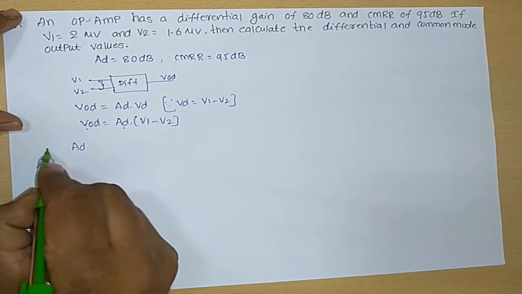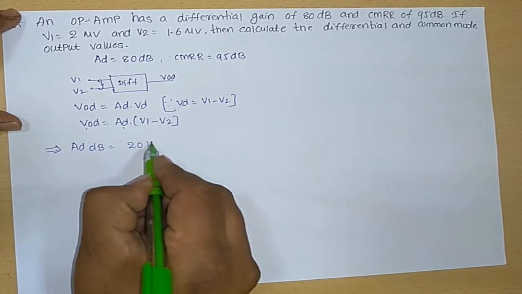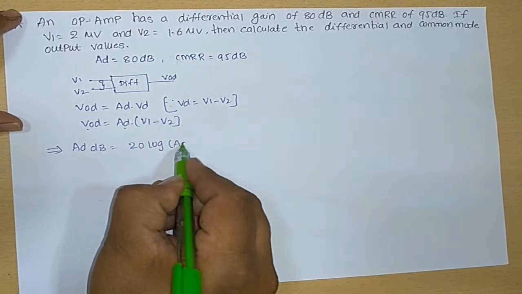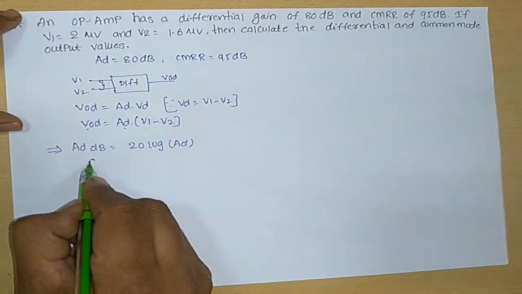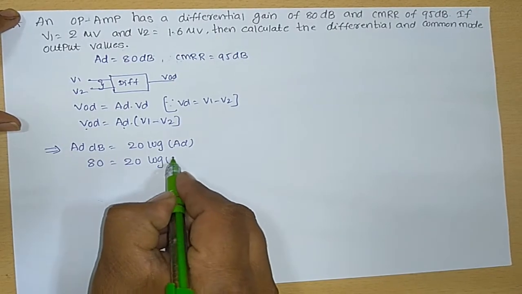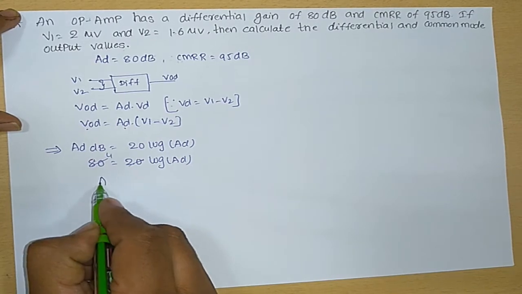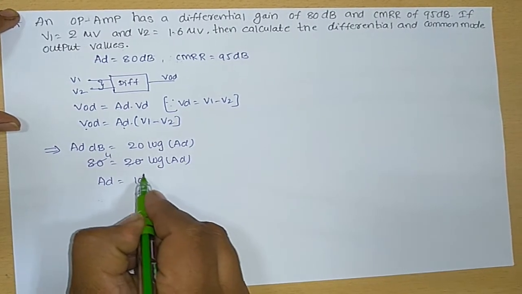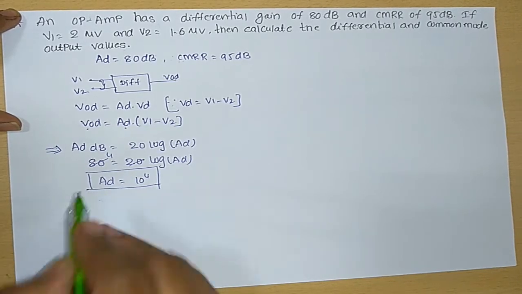AD in decibels equals 20 log of the numerical value of the differential gain. So here 80 equals 20 log of AD, and we get AD equal to 10 power of 4. Clear? This is the differential gain in numerical value.